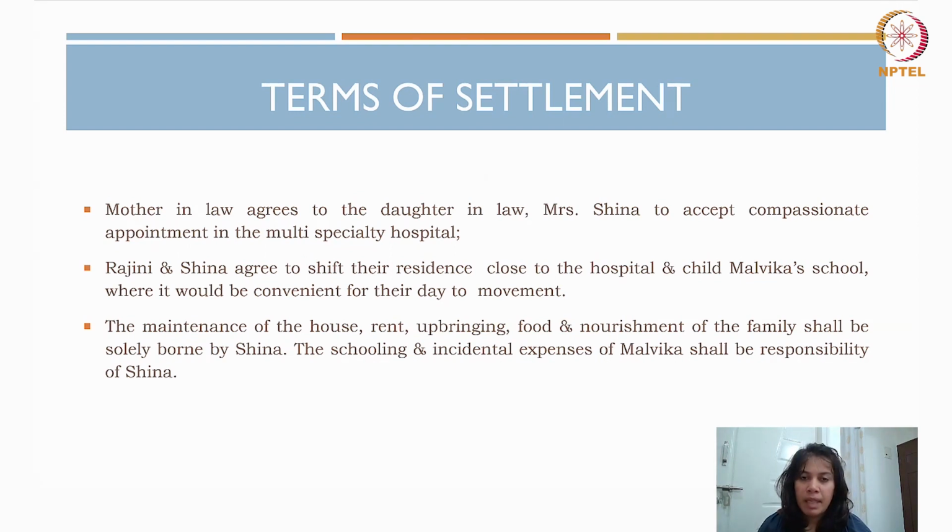Now the maintenance of the house, the rent, upbringing of the child, the food and nourishment of the family, everything will be taken care of by Shaina. Also the schooling and the incidental expenses of Malvika, that shall also be the responsibility of Shaina.